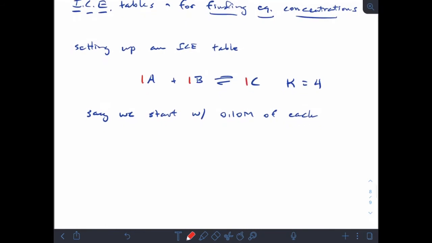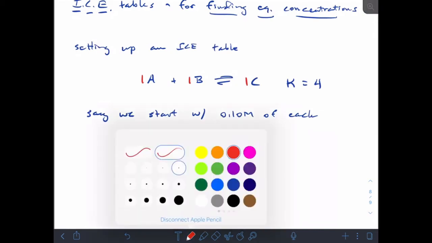Sorry, my iPad and my pencil are not agreeing with what I'm trying to do. Okay, so we start with 0.1 molar of each.